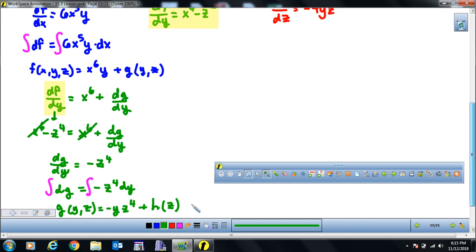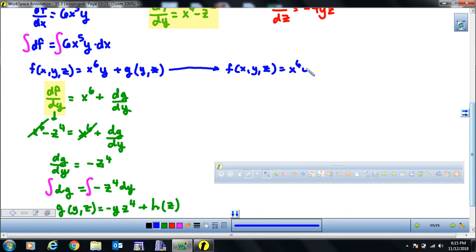We never know. So before we continue, I'm going to replace that into my original function. So my potential function f of x, y, z equals x to the 6th y plus g of y, z, which is this. I should have put minus yz to the 4th plus some function h of z, or maybe a constant. Could be a constant.